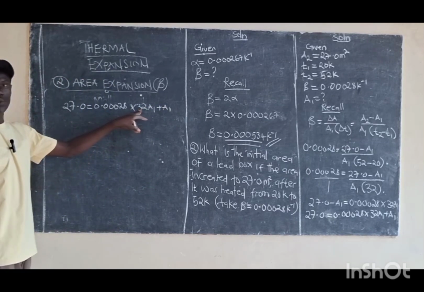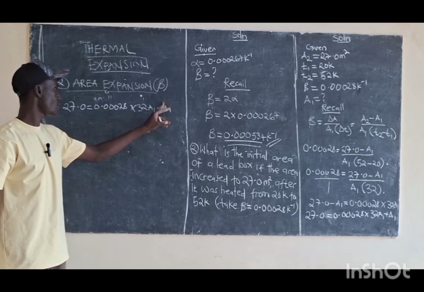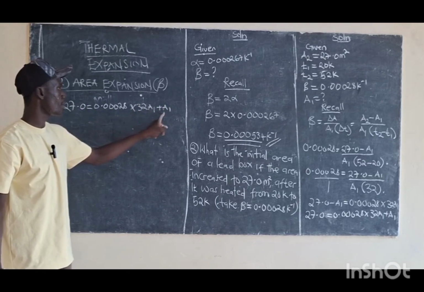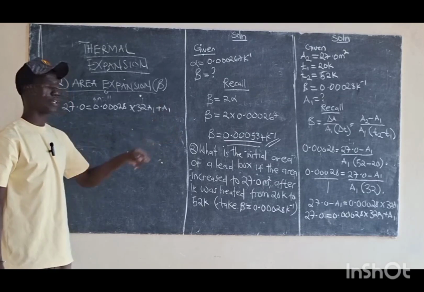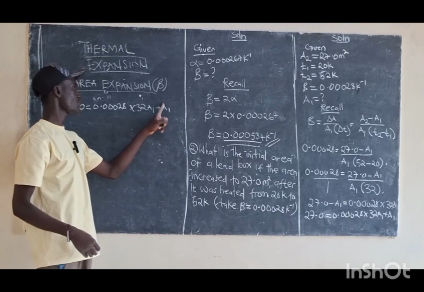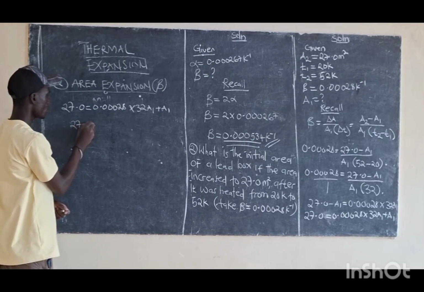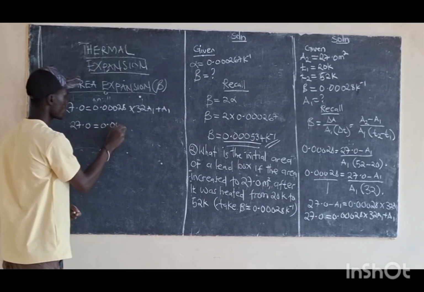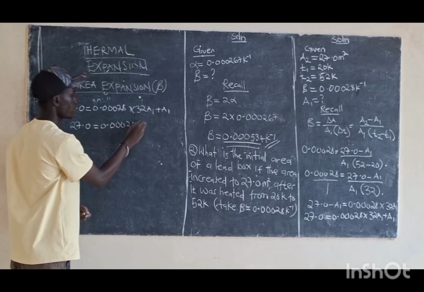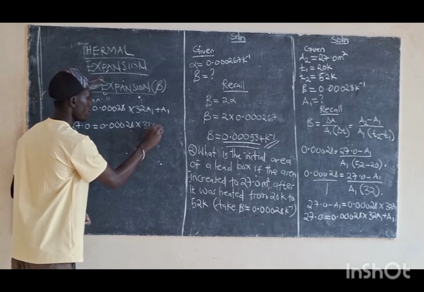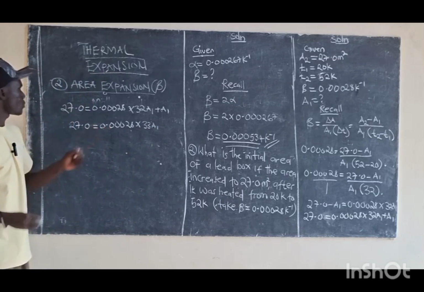Here we have 32 A1 and we have A1. The coefficient of A1 is 1. We add them: 32 A1 plus A1, you will get 33 A1, because the coefficient here is still 1. We're going to say 27.0 is equal to 0.00028 times 33 A1. Now we are going to multiply.